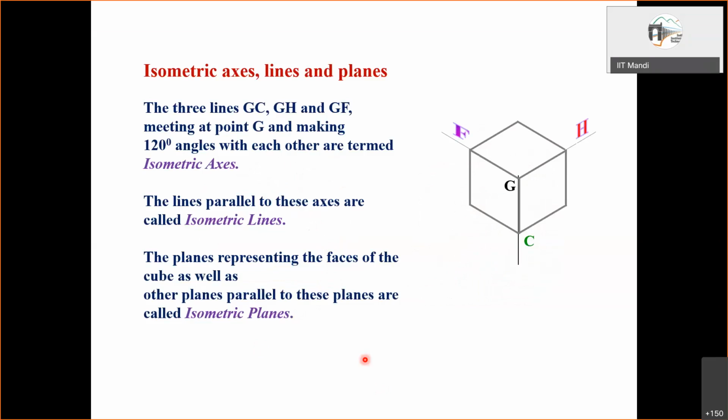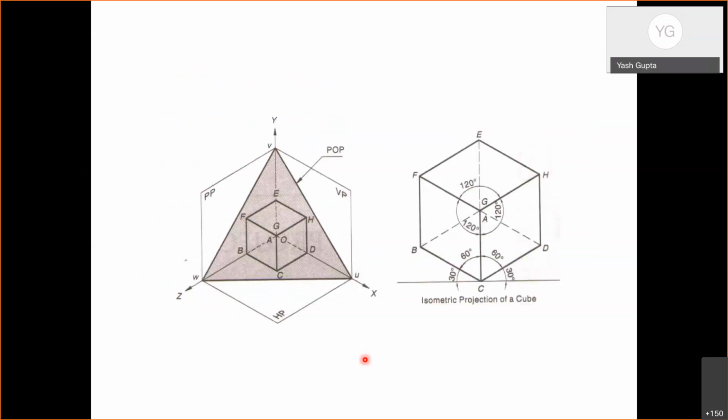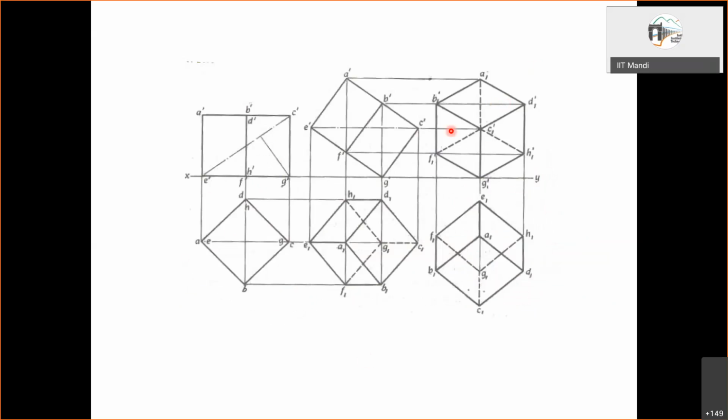Sir, is it not possible to achieve an isometric projection by rotating a cube in a normal horizontal plane or vertical plane? No. See, the previous slide was for the purpose of visualizing which orientation of this cube gives us the isometric projection. So I can say this front view is the isometric projection of a cube.